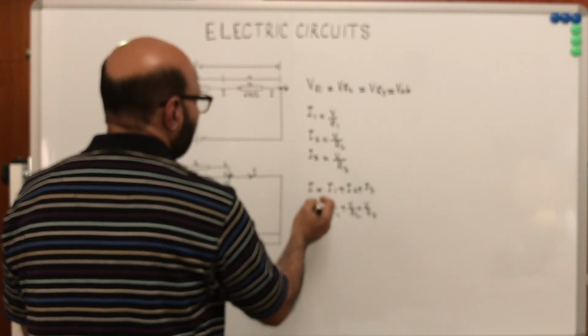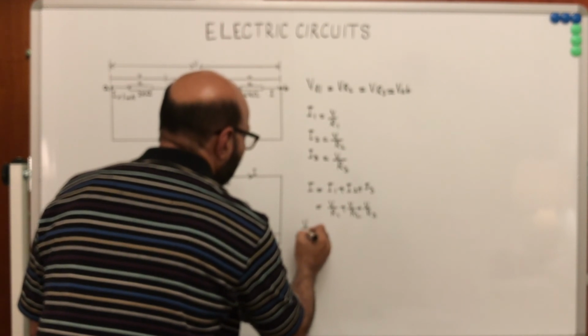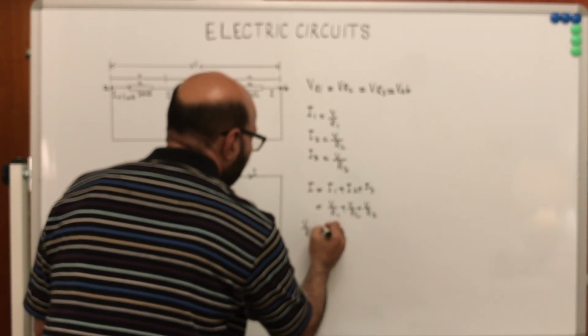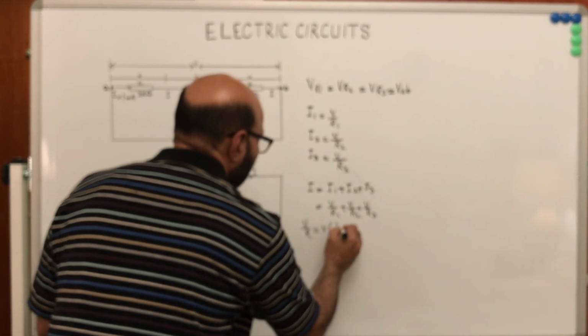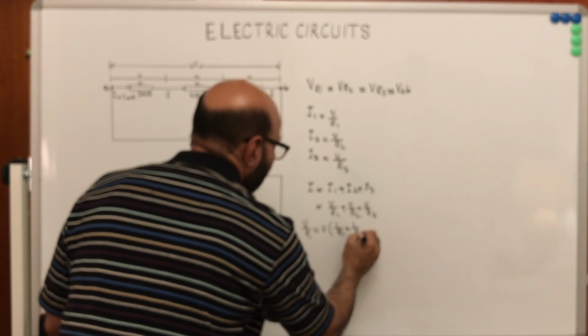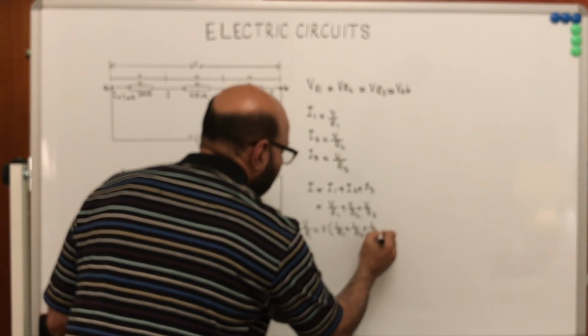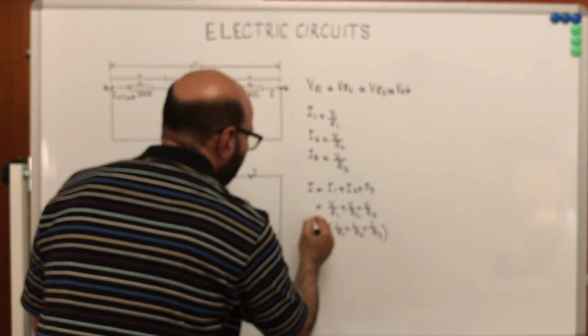And we also know I is equal to V upon R, which is equal to V upon R1 plus V upon R2 plus V upon R3. We have taken V common, and we can cancel it.